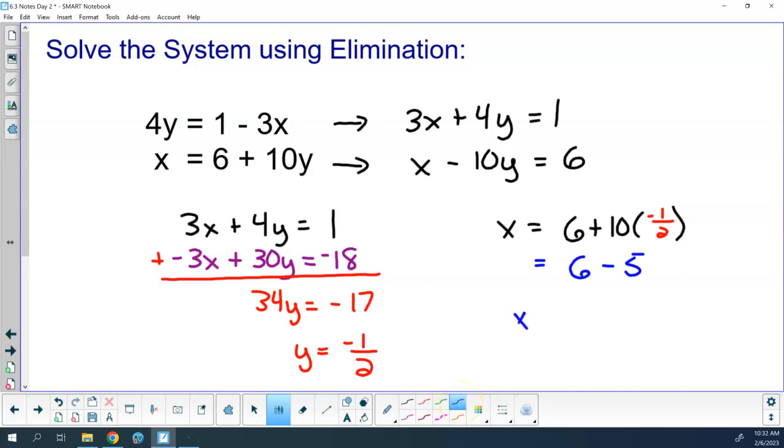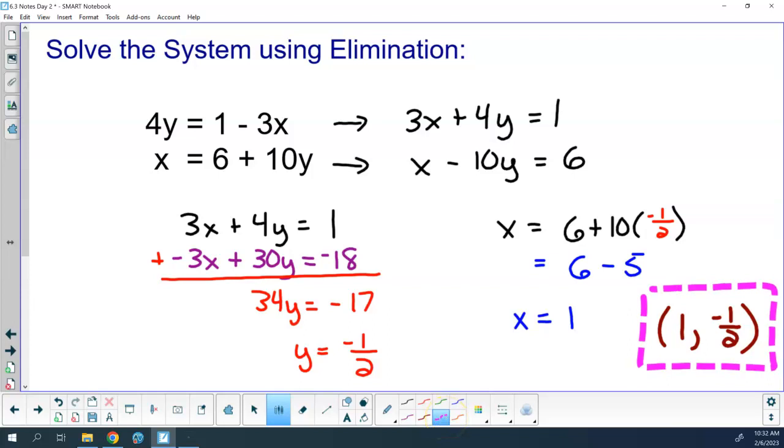That's going to give me x is 1. Checking it, 4 times negative 1/2 is negative 2. 1 minus 3 is negative 2. That checks out. 1 is 1. 6 plus negative 5 is 1. Checks out. Answer then is 1, comma, negative 1/2.